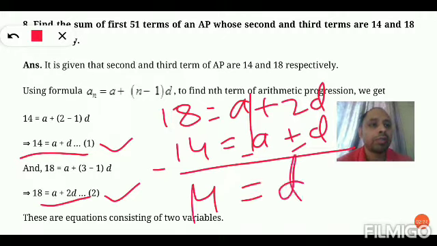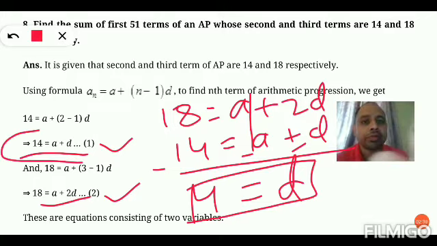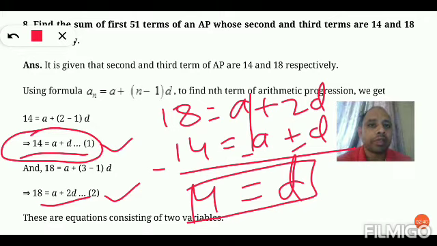Therefore the value of d is 4. If you substitute this d in any one of the equations, we will get the value of a. Substituting d in this equation, the value of a will be 14 minus 4, which is 10.